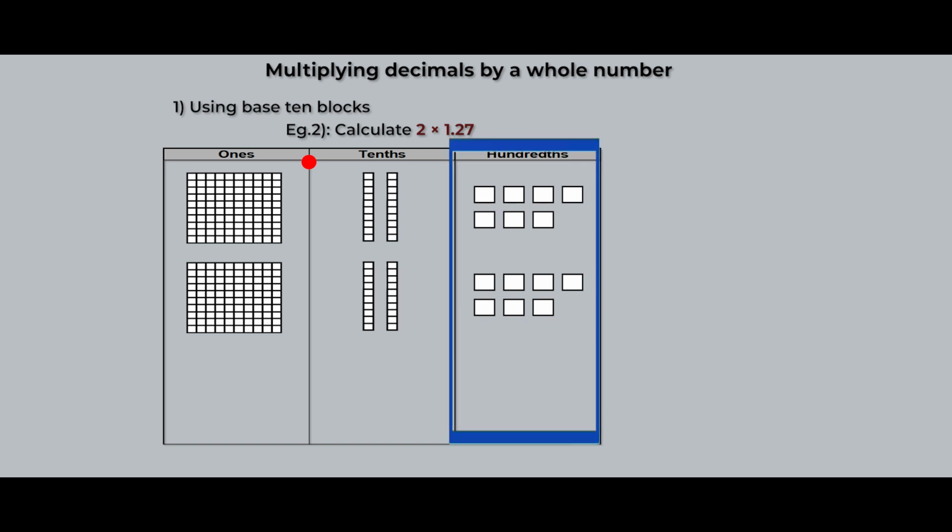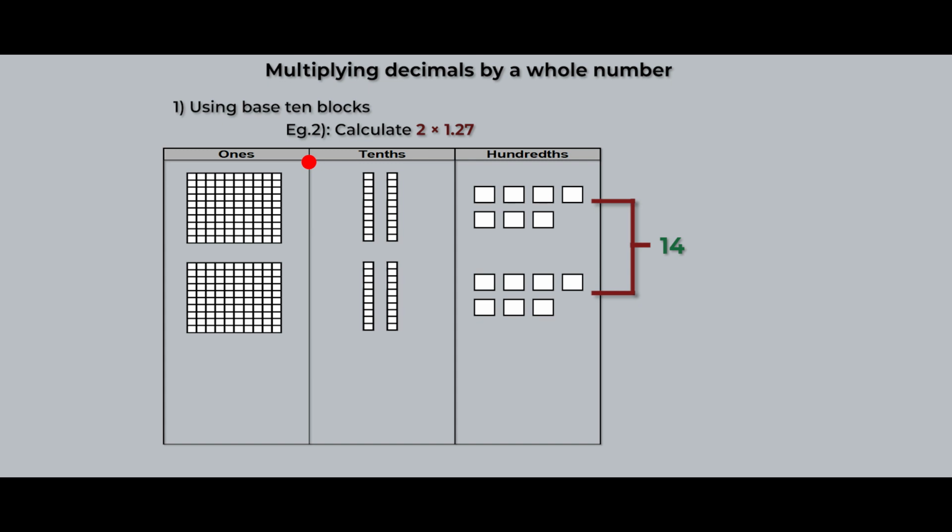In the hundredths place, now you have 14 hundredths, which is 1 tenth and 4 hundredths. Now 14 is a two-digit number, so you're not going to write 14 in this column. You just keep 4 hundredths here, and then you take 1 tenth to the next column, that is the tenths column.